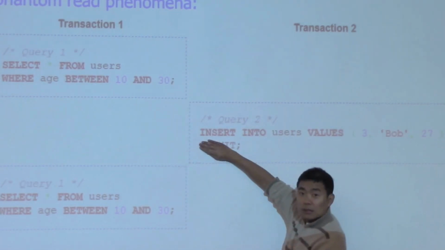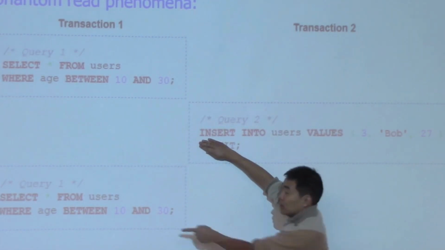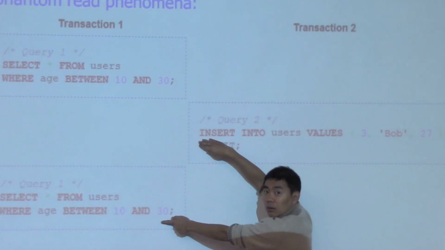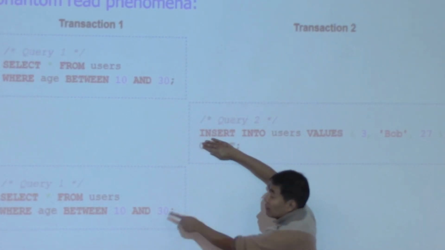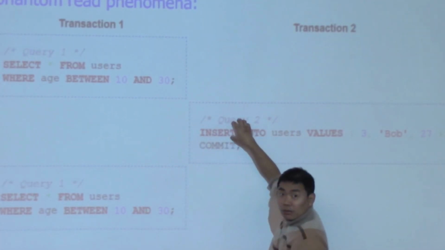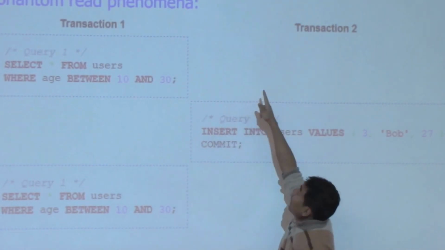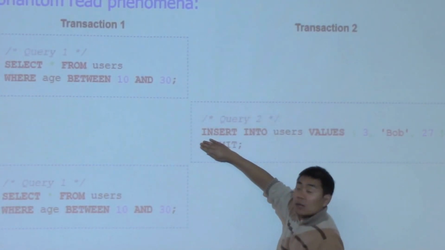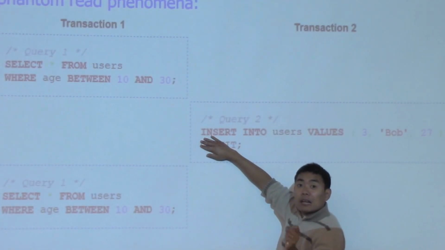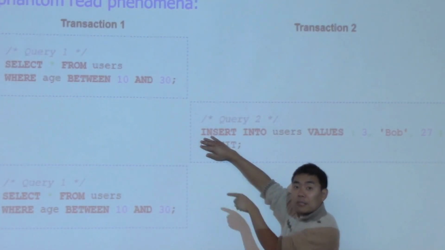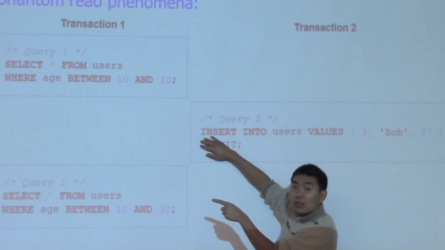If there are no commit statements, when there is the second selection, will the value of Bob be read by this transaction? Will the transaction know Bob? No, if you have no commit statement here, this select will not read this value, because by repeatable read isolation level, this schedule as it is becomes an invalid schedule, meaning that database will not accept this schedule to execute them in this order.